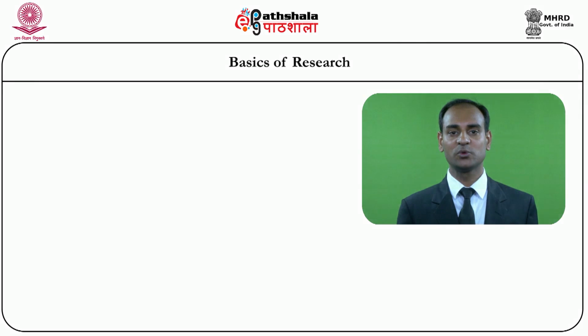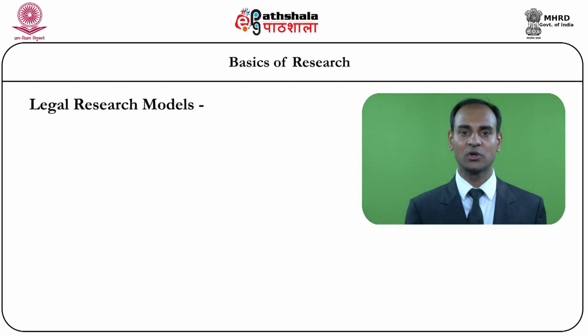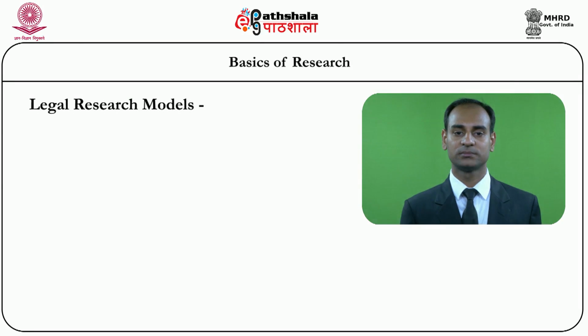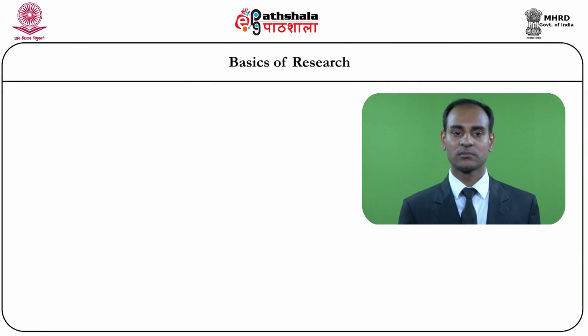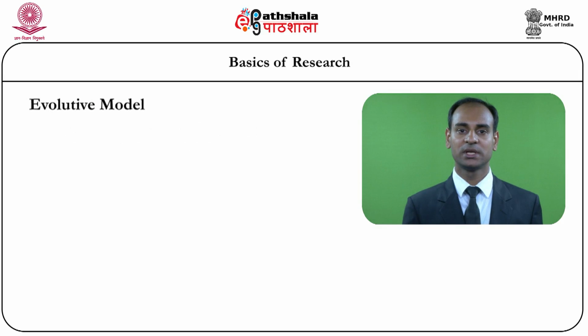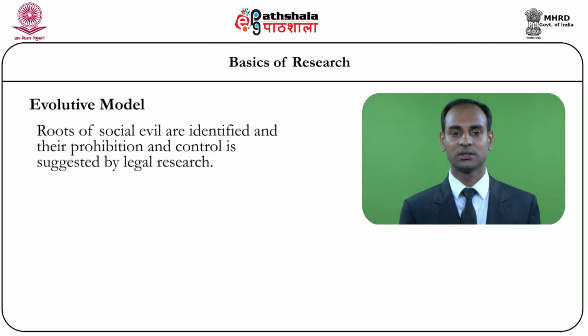There are some specific procedural models and methods which are commonly used in legal research. These are evolutive, explicative, identificatory, correlative, impact analysis, and interactive models. The evolutive model contains the procedure by which roots of social evils are identified and their prohibition and control is suggested by the legal research.